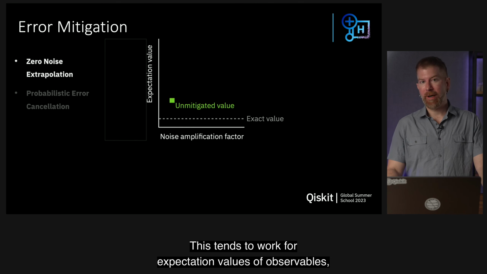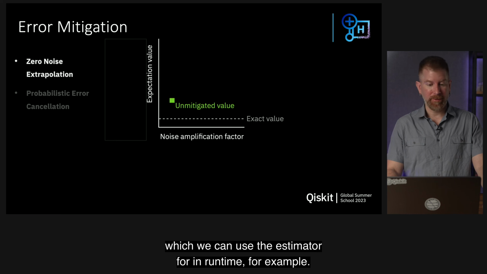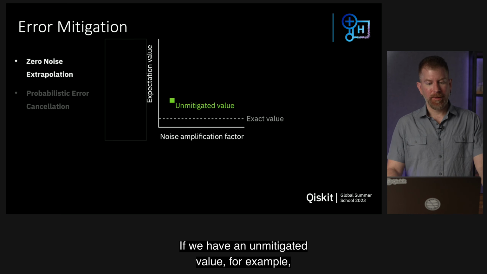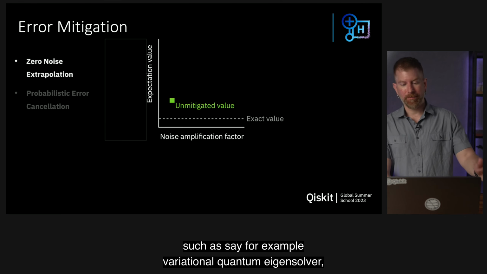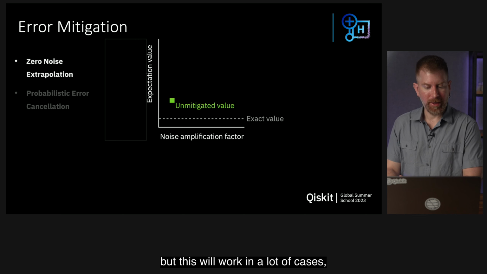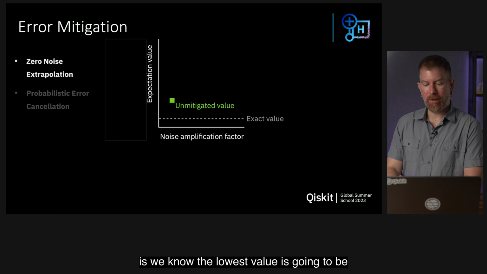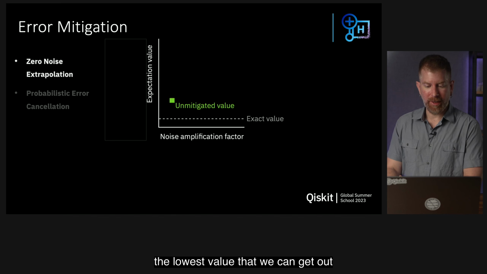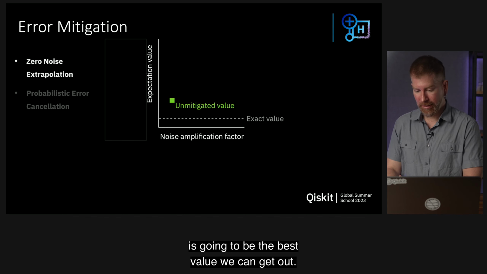This tends to work for expectation values of observables, which we can use the estimator for in runtime, for example. If we have an unmitigated value, such as for example in the variational quantum eigensolver, this will work in a lot of cases, because we know the lowest value we can get out is going to be the best value we can get out.